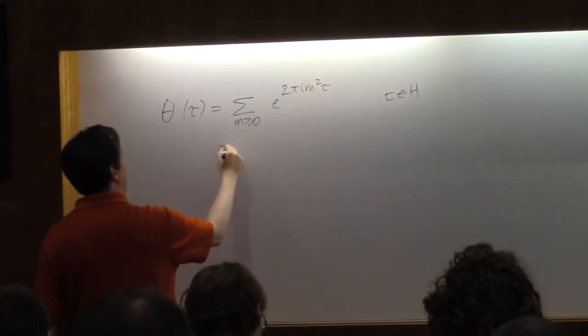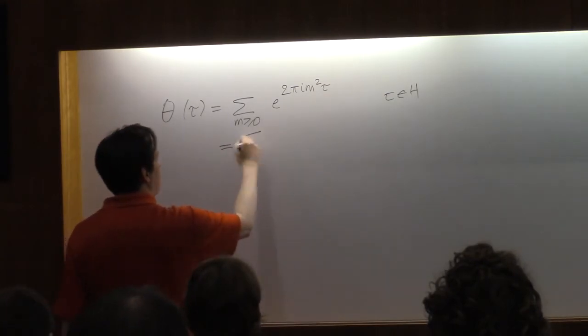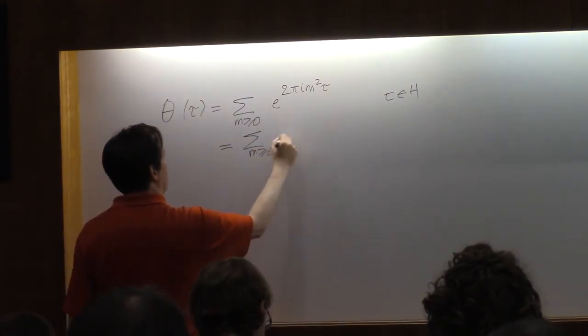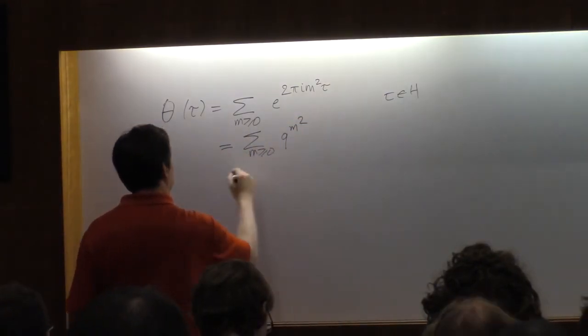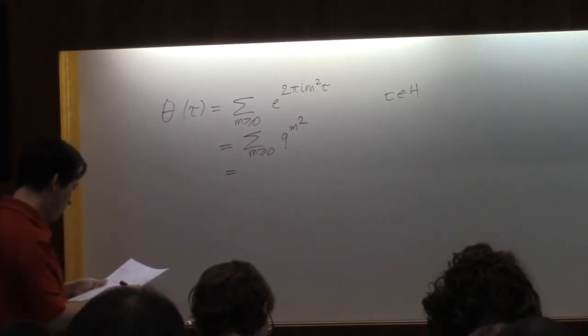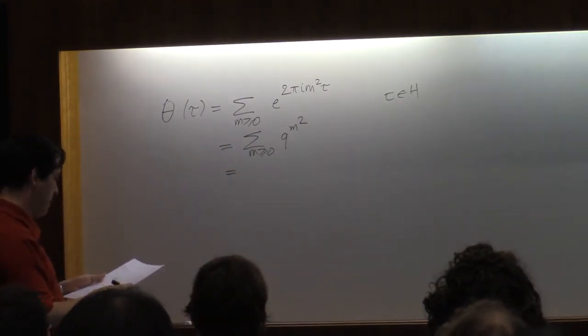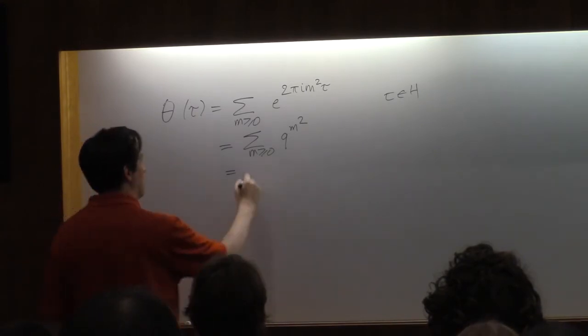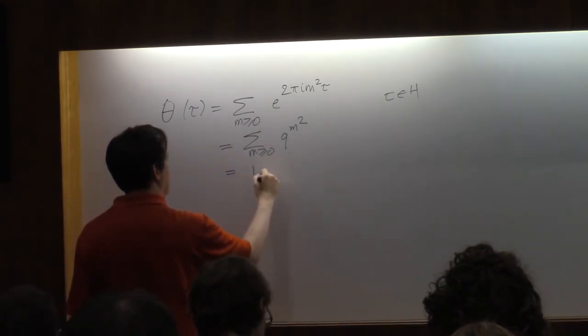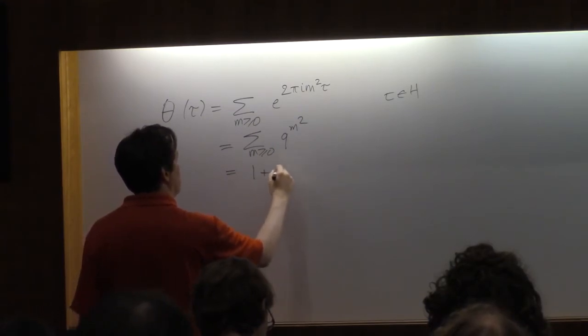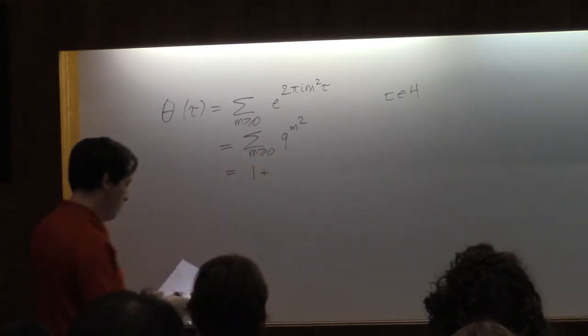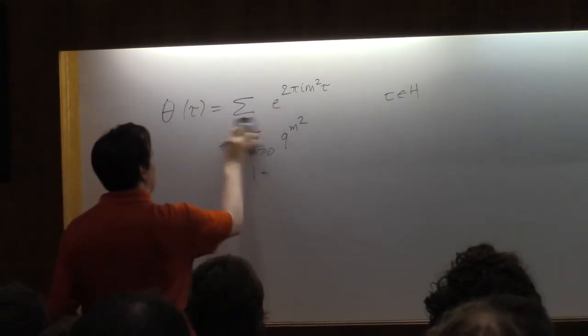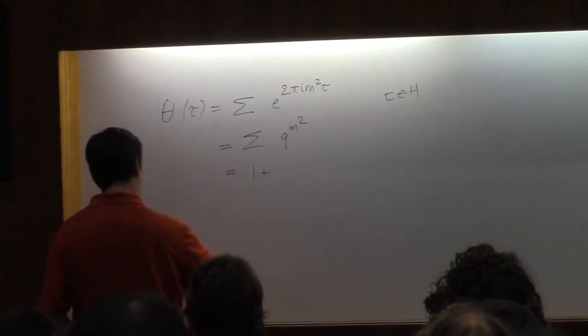And what does this look like? If we let q be e to the 2 pi i tau, it's summing q to the m squared. If m is 0, we get 1. And then if m is 1, or do I want to sum over? No. I want to sum over all integers.